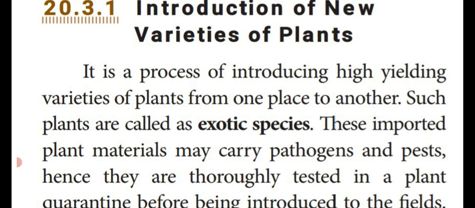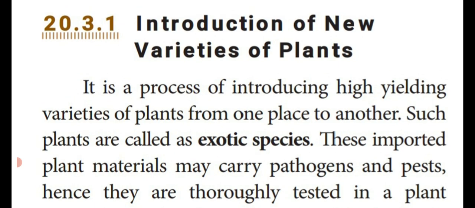That crop should be introduced to another region of its own country, or if you are introducing different varieties from one country to another country, that is said to be introduction of new varieties of plants. The species which are introduced from one place to another, or one region to another, or one country to another is known as exotic species.